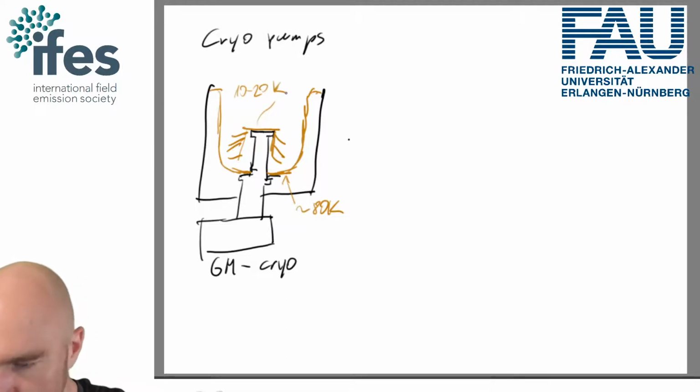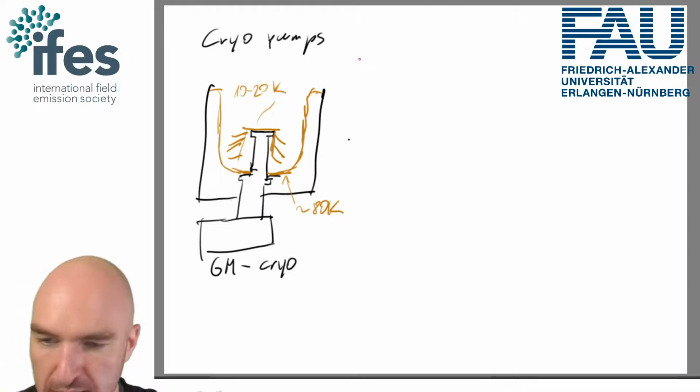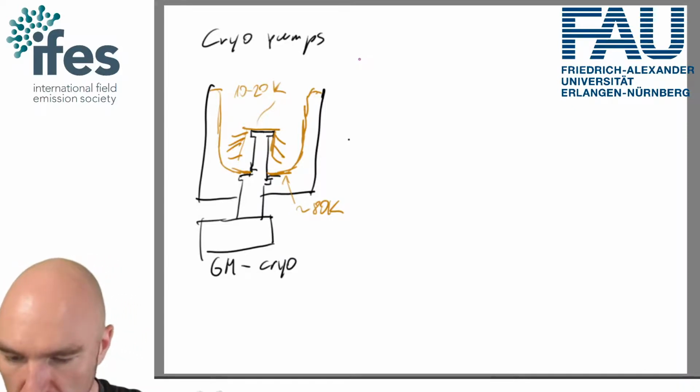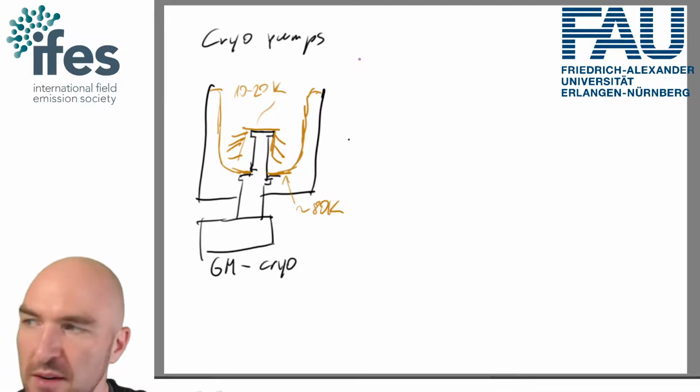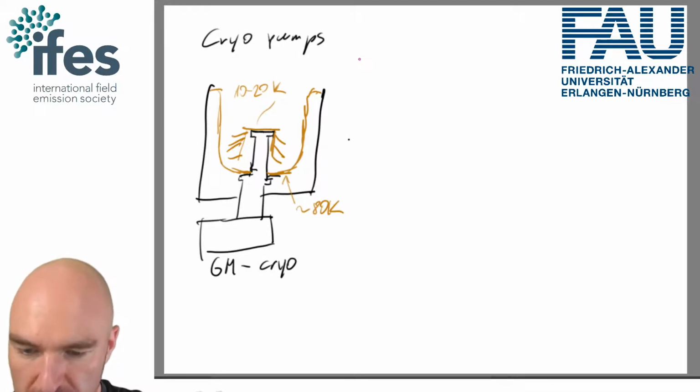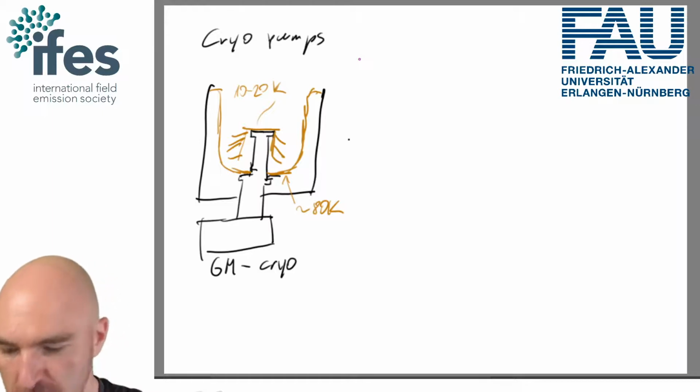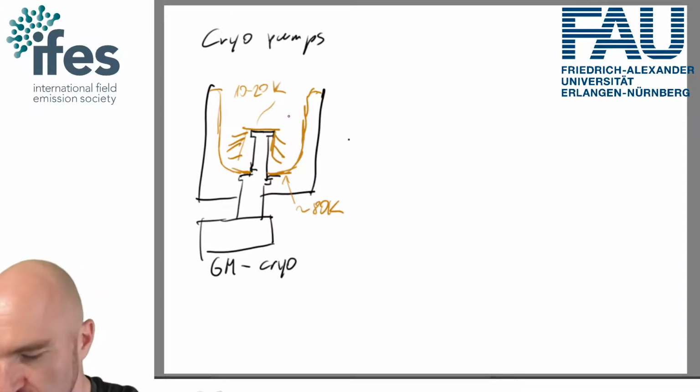And what would happen is that you get just by temperature, I've drawn the whole thing before. So just like in the last lecture, just by temperature you will get sorption of molecules onto especially the colder part.